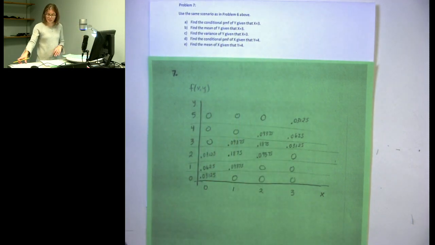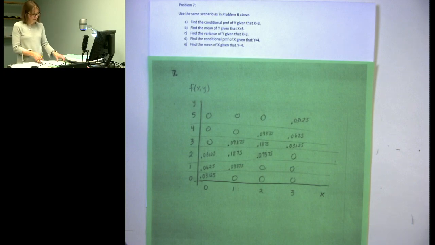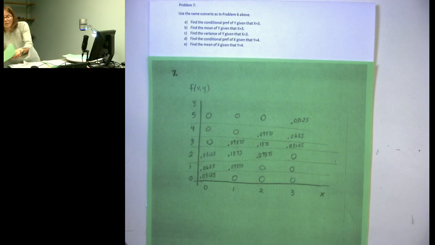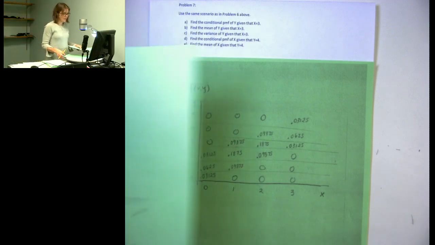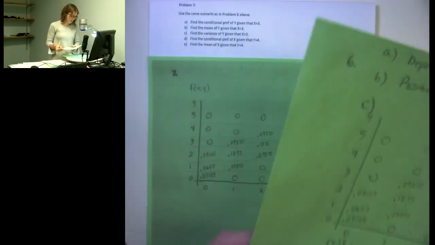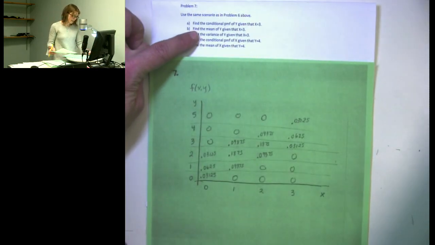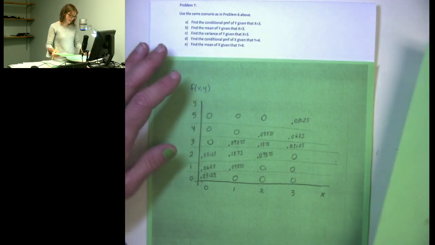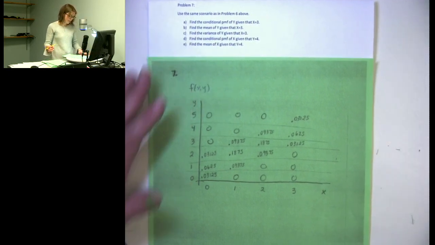Now I'm going to need to use my marginal distributions to do this. So we'll throw those in here for a minute too at times. So our conditional probability mass function of y given that x is equal to 3.